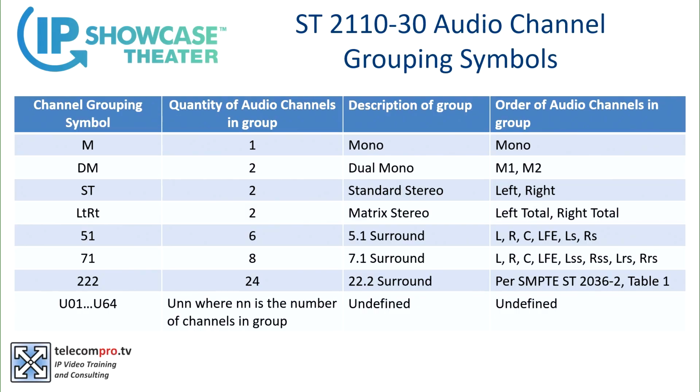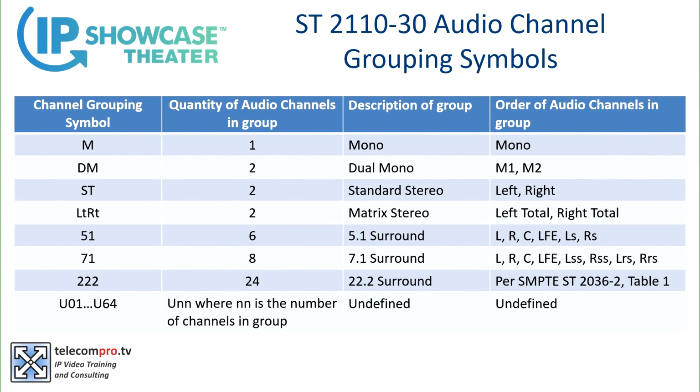We also define some extra data that tells you how the channels are grouped within the audio stream. So we can have mono channels, we can have dual mono channels, and I don't know what this is. I think it's mono maybe? I don't know, but anyhow, sorry. We have stereo, we have matrix stereo, left total, right total, for the Dolby fans in the audience.